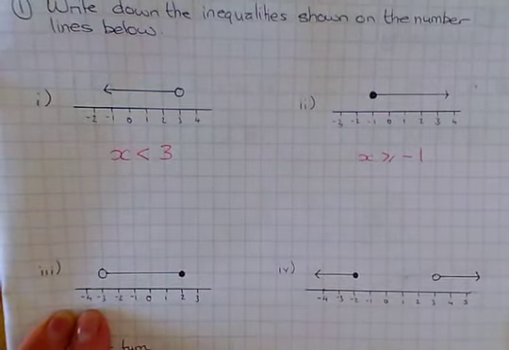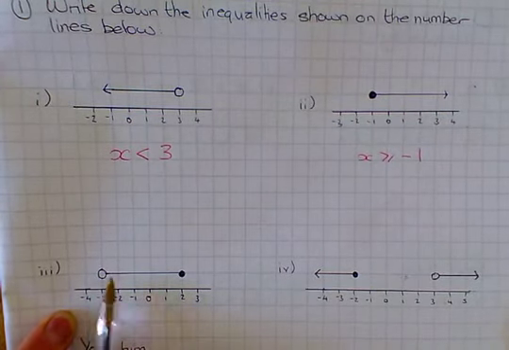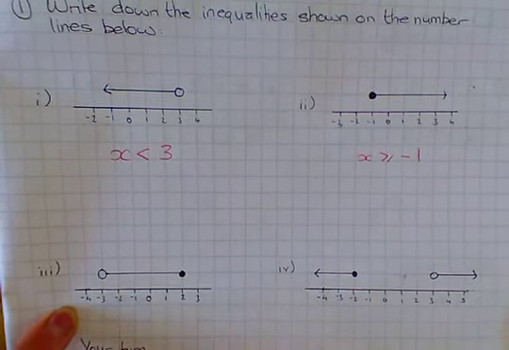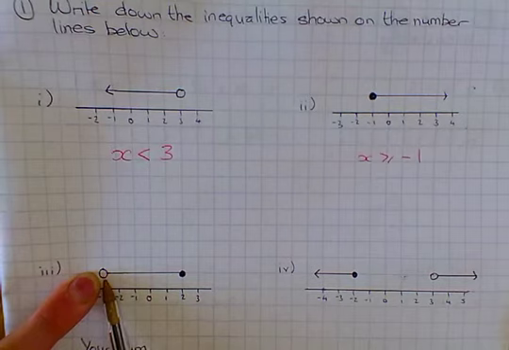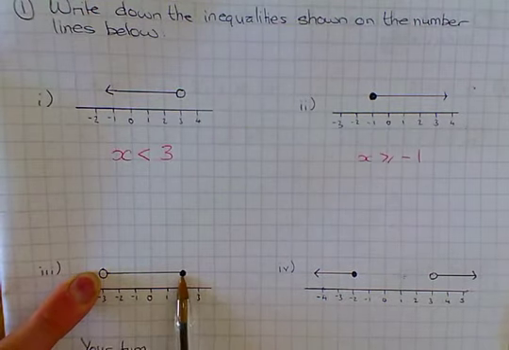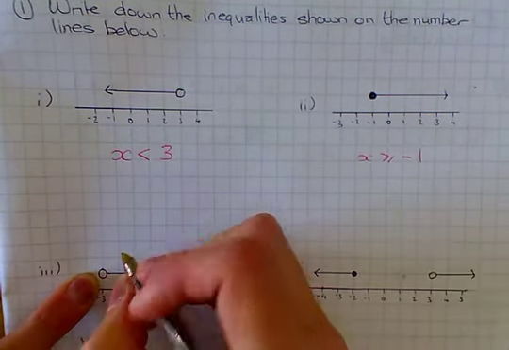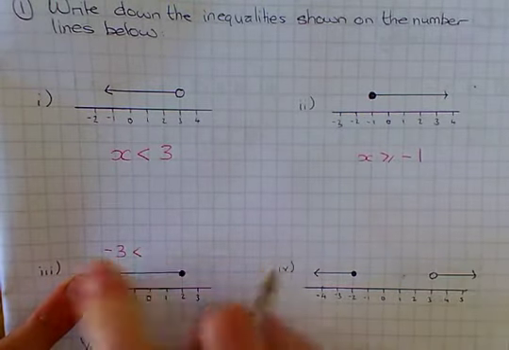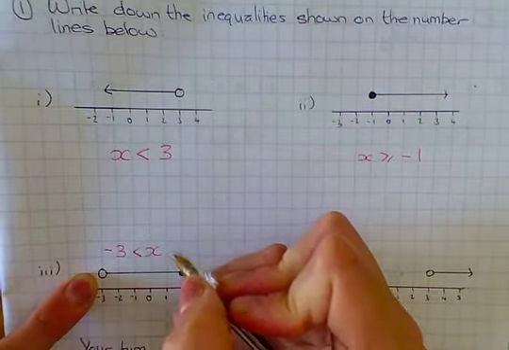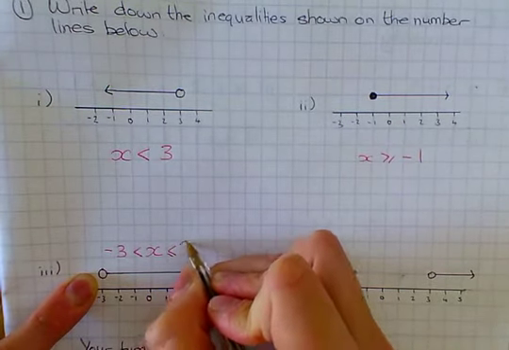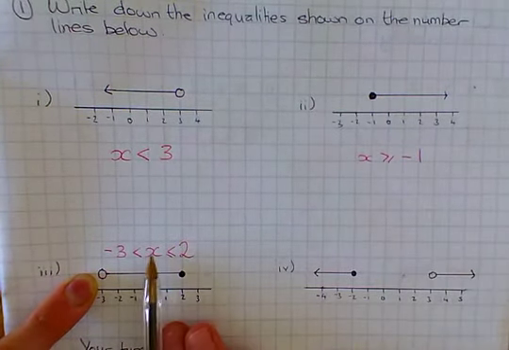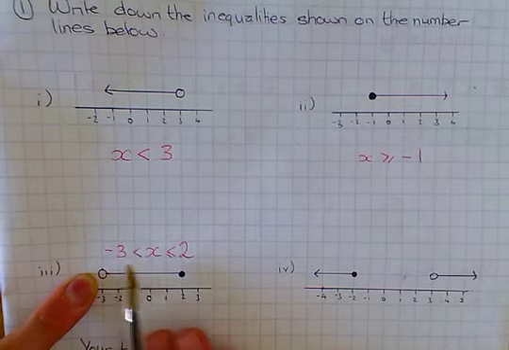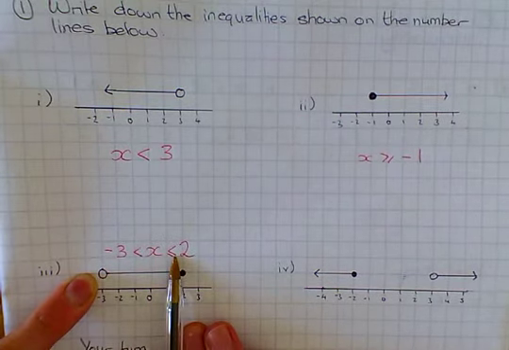Part III, we've got x is within two values, so x is greater than -3 and less than or equal to 2, and your signs here are really important. So we've got x is greater than -3 and x is less than or equal to 2.